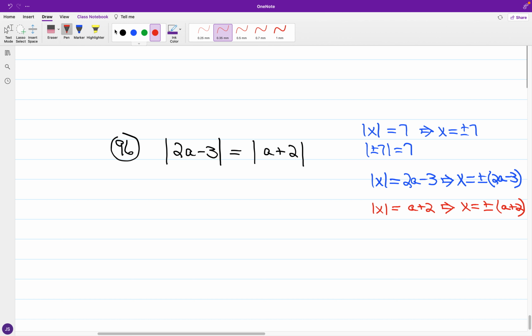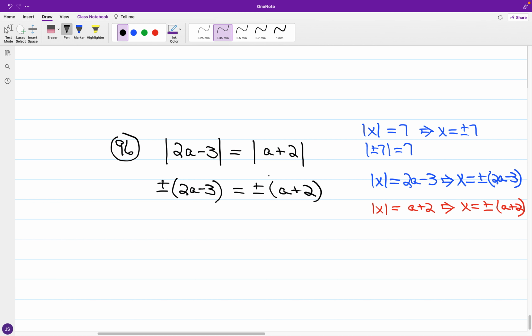So just taking what we have here, two quantities with an absolute value: you're looking at plus or minus 2a minus 3, and for a plus 2, plus or minus a plus 2.